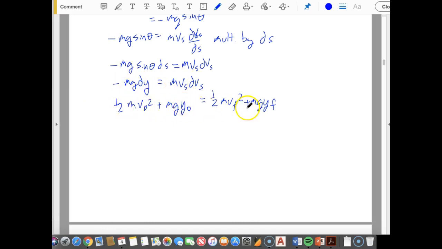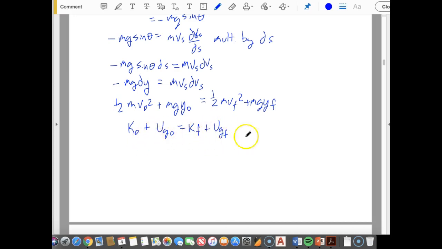up with this equation. So now that we have that equation, you do remember that that is our kinetic energy original plus our potential energy due to gravity original, and that's equal to our final kinetic energy plus our final potential energy due to gravity.